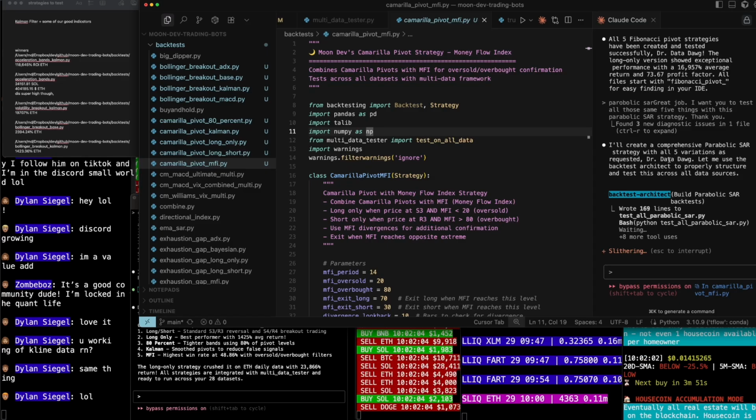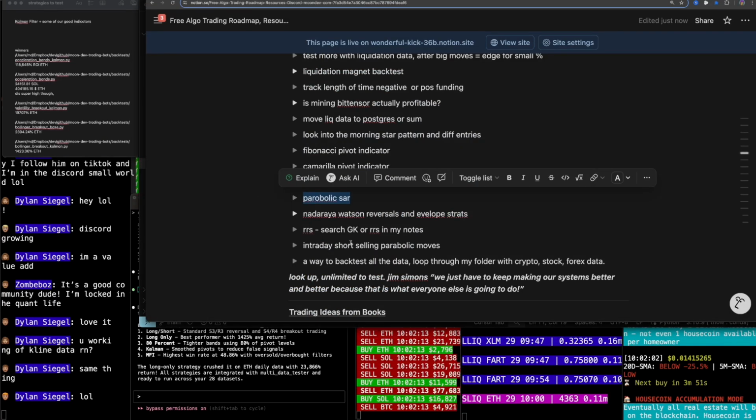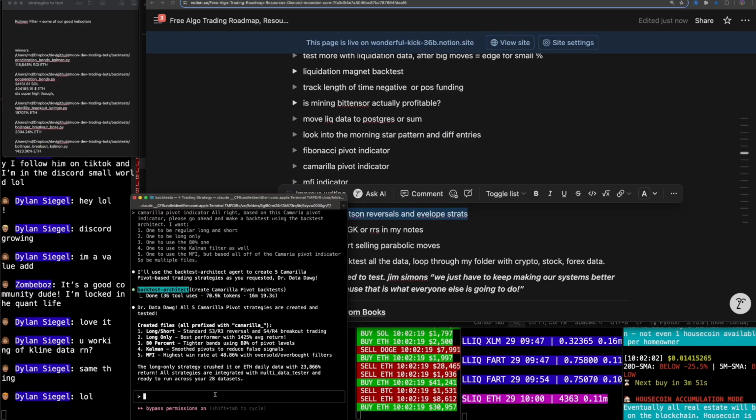Okay, so I'll create a comprehensive parabolic SAR. Let's see if there's any others that I want to get done while this is doing the thing. This is the thing, dude, I don't think I'll ever stop because I just have so many. I want you to do the same thing with these two strategies.